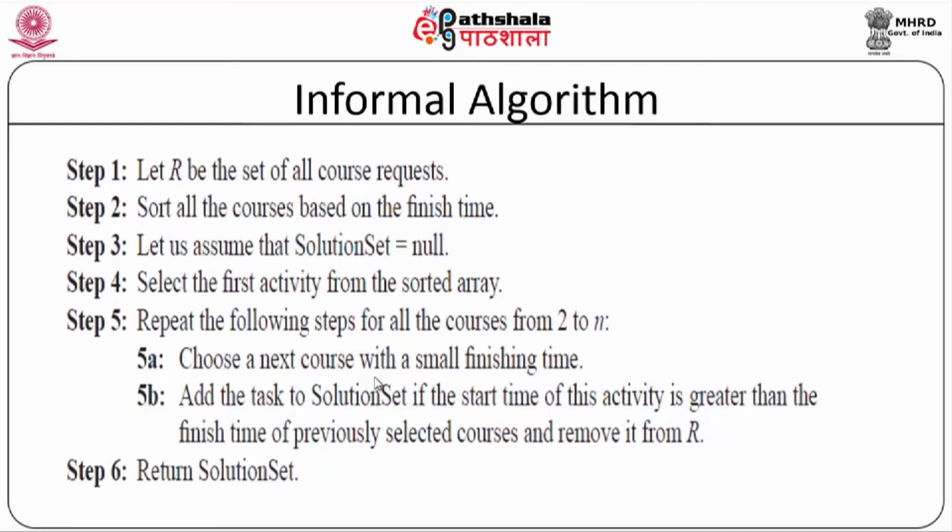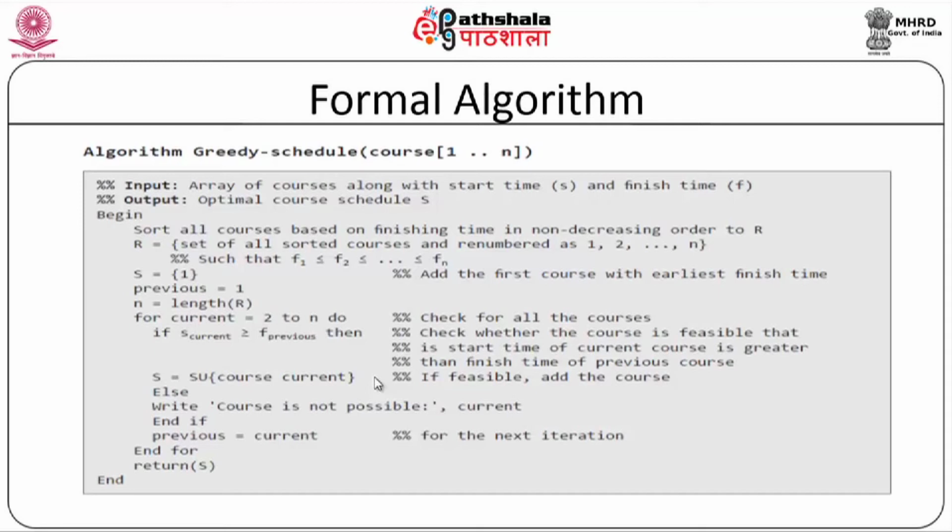You can see that for course selection, we start a loop, select an initial course, take the next course and check whether it is feasible to schedule, or otherwise reject that. This is the formal algorithm.